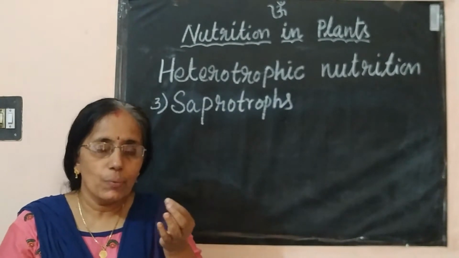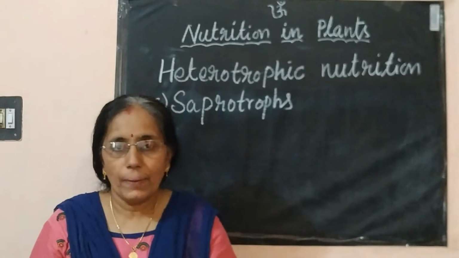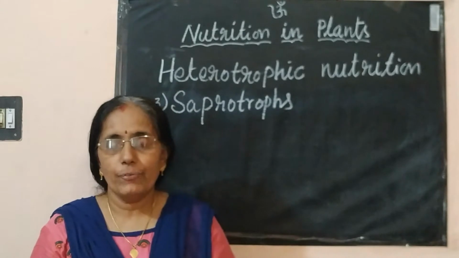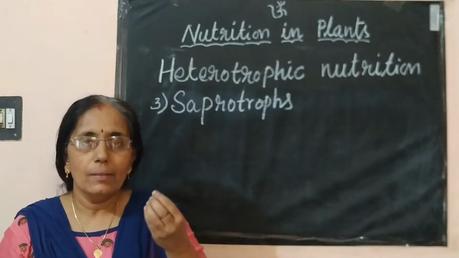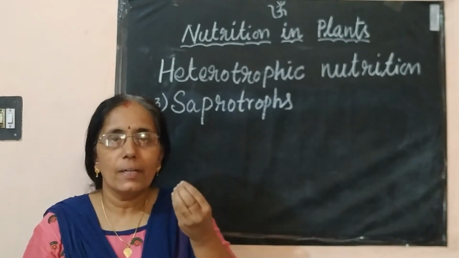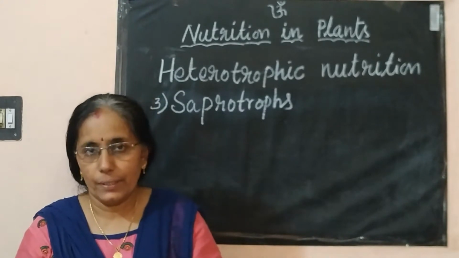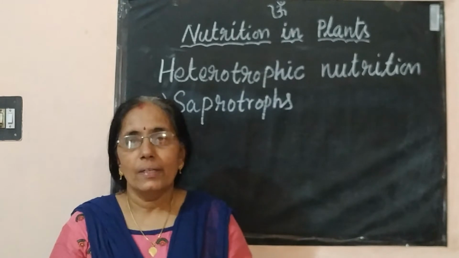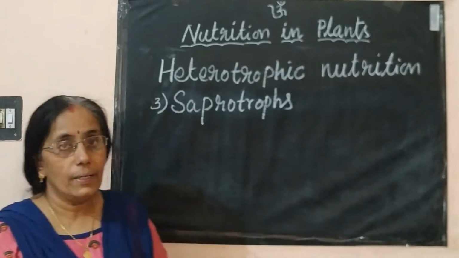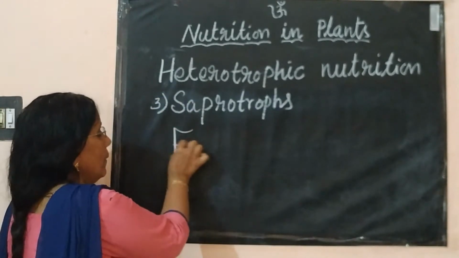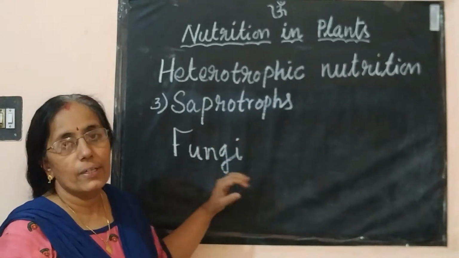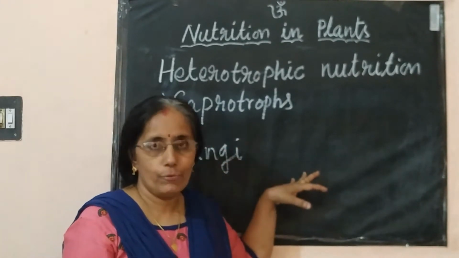If you take a small part of that patch and observe it under a microscope or a magnifying glass, you can see white cotton-like structures growing on it. Do you know what these organisms are called? They are known as fungi. Fungi is the plural form and fungus is the singular form.